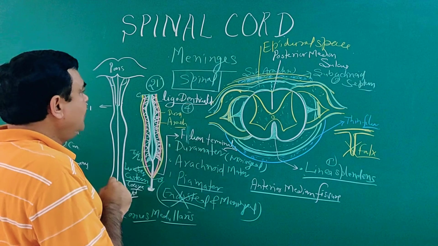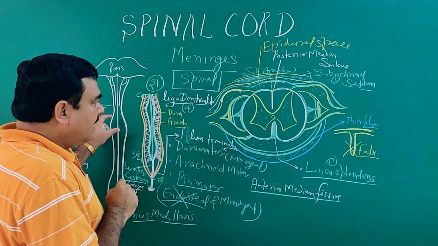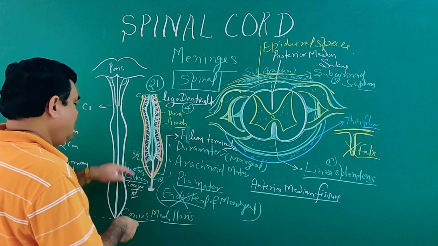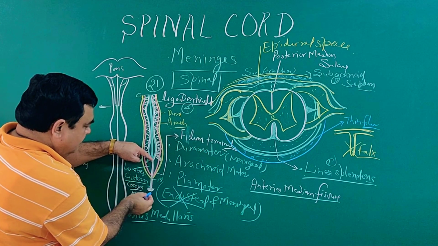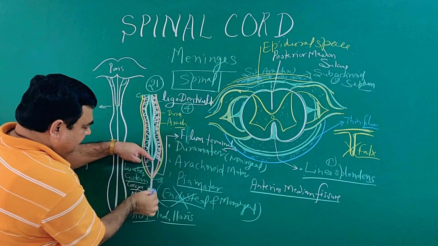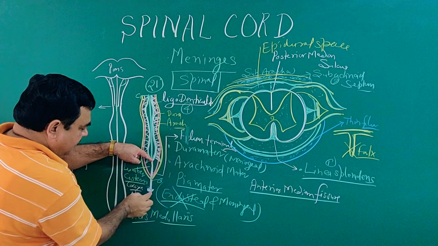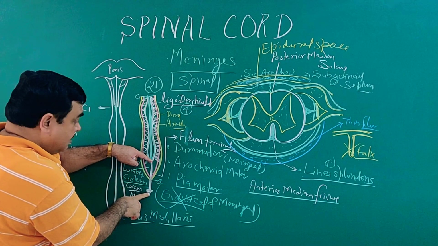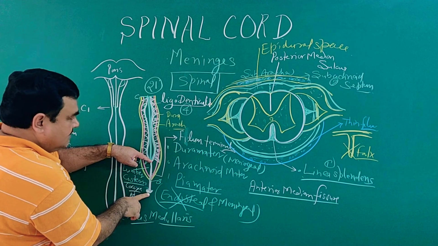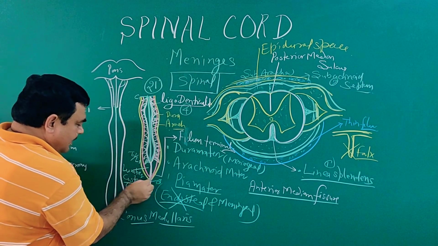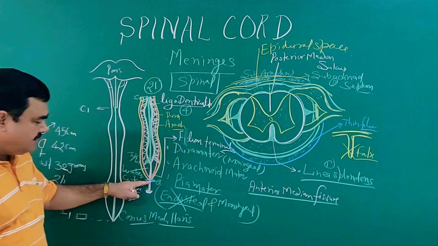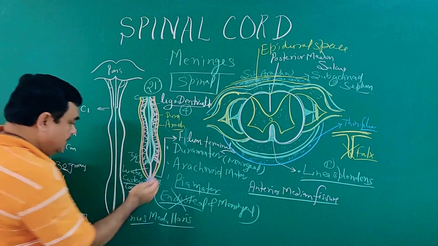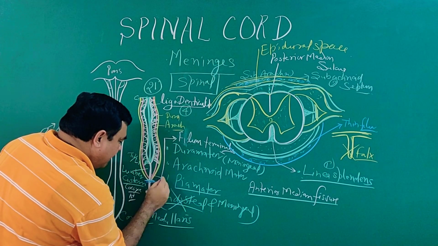So you have seen the spinal cord and meninges. Here again you see the pia mater, from here to the coccyx. This is the filum terminale, and this is the level of the S2 vertebra.